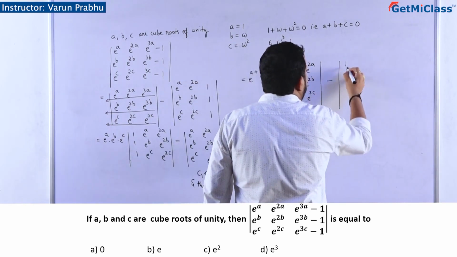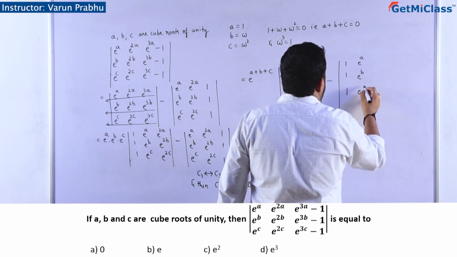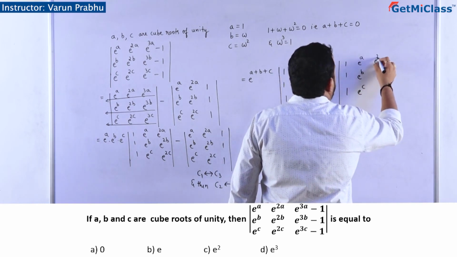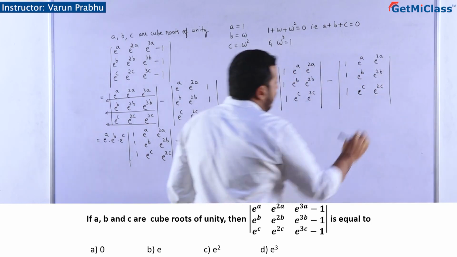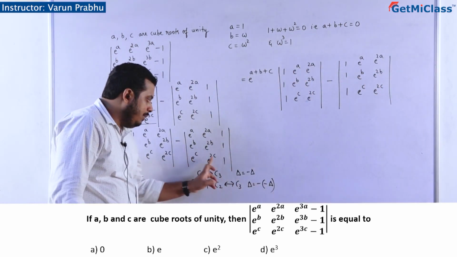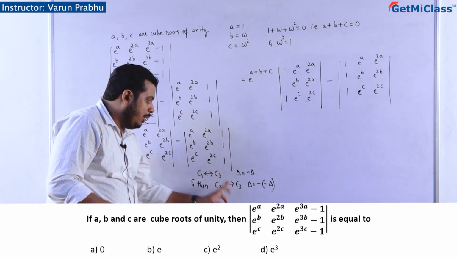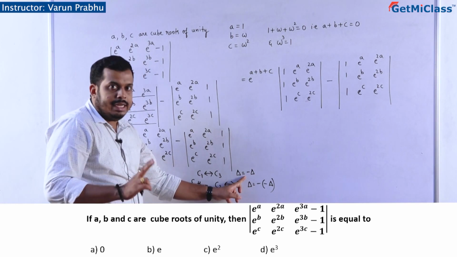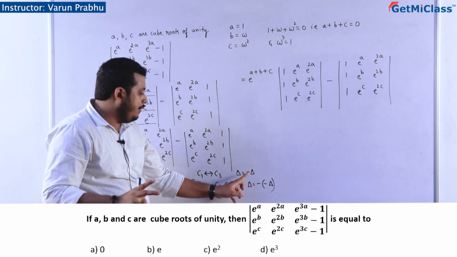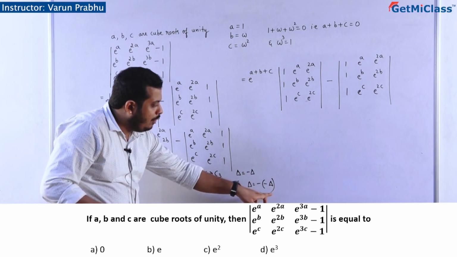Now I can write after the interchanging operation the same way, 1, 1, 1, e to the power A, e to the power B, e to the power C, and then e to the power 2A, e to the power 2B and e to the power 2C. I repeat, first you interchange column 1 and column 3. After you finish that, then you interchange column 2 and column 3. When you interchange any two rows or columns according to the property, the value of the determinant will become negative. The second time, negative of negative will become positive.